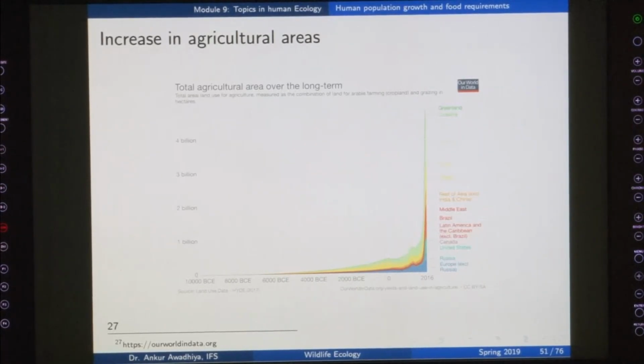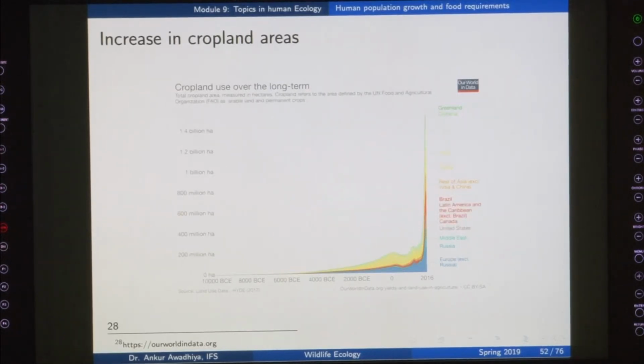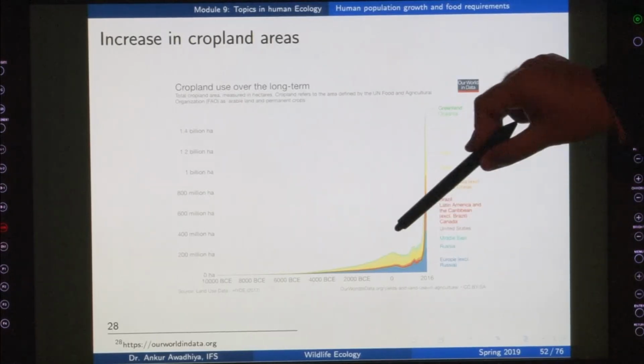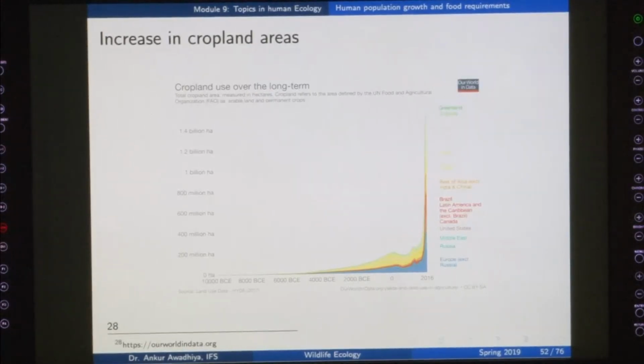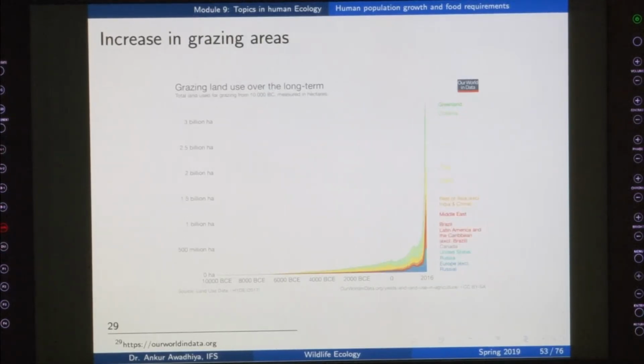So, we have been diverting a number of habitats and other land uses, and we are putting more and more land under agriculture. And this agriculture includes both the croplands. The croplands have also been increasing exponentially, and especially in the last 200-300 years the increase has been very rapid. So, there has been more land in the case of croplands and more land in the case of grazing as well.